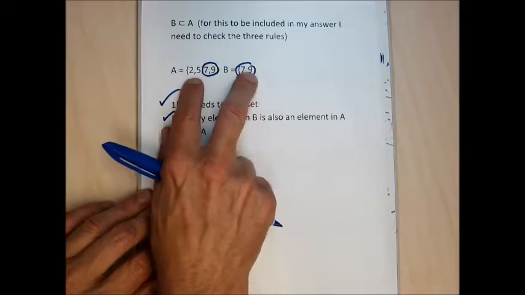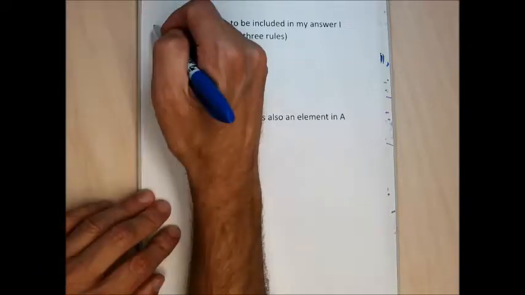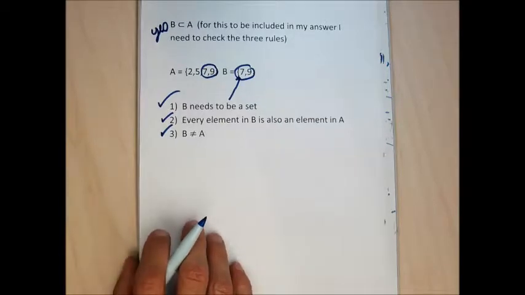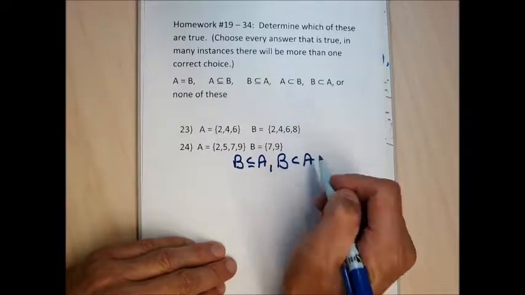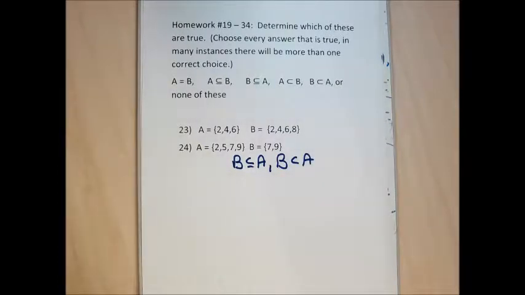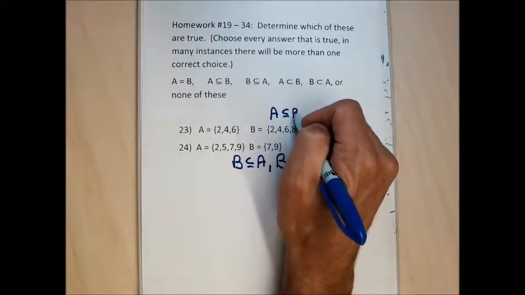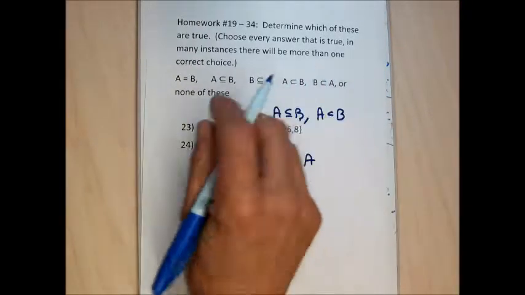These aren't equal because they don't have the same elements or the same number of elements, so that rule's satisfied. I also need to include B is a proper subset of A in my answer. So to finish up my answer to question 24, I'm going to add the symbol B is a proper subset of A. And again, just in case, for your 23, you're supposed to do A is a subset of B, and A is a proper subset of B.